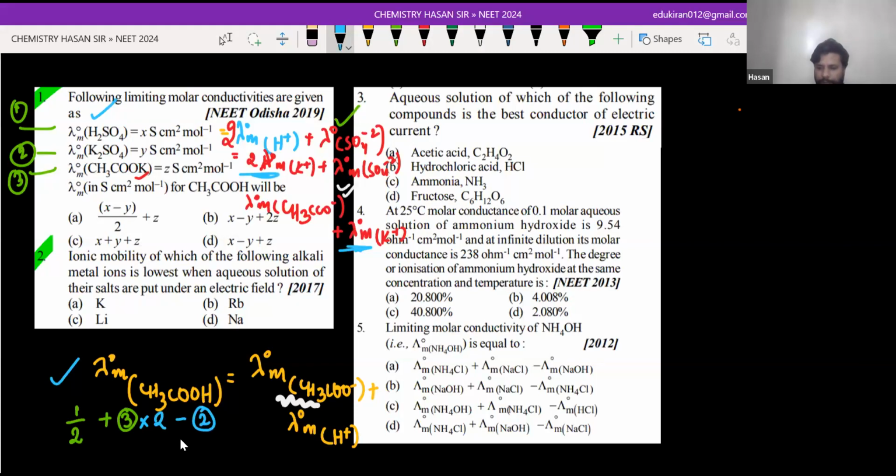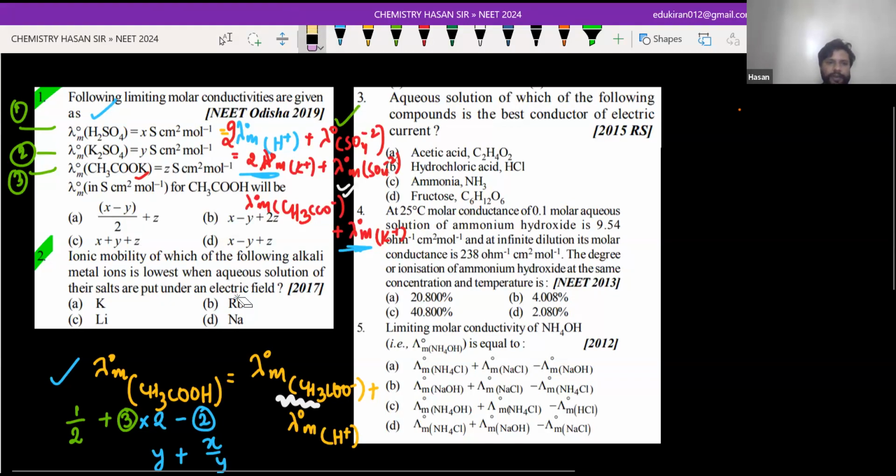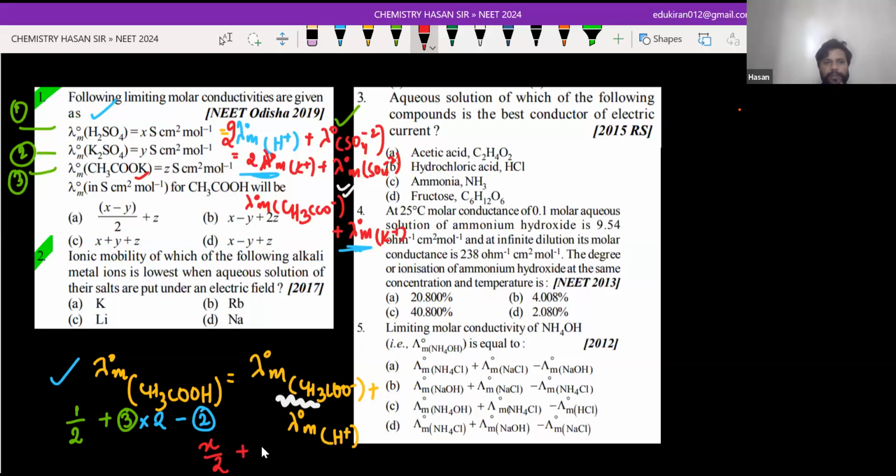When you do it, you will get z. x and y will be as it is. You divided the first equation x by 2, and added it into the third equation multiplied by 2, so 2 into z minus the second equation.